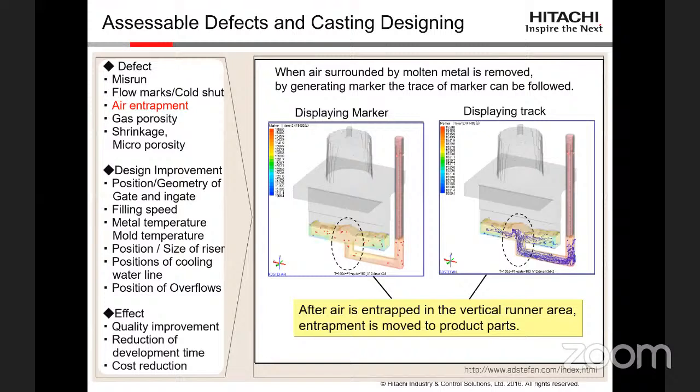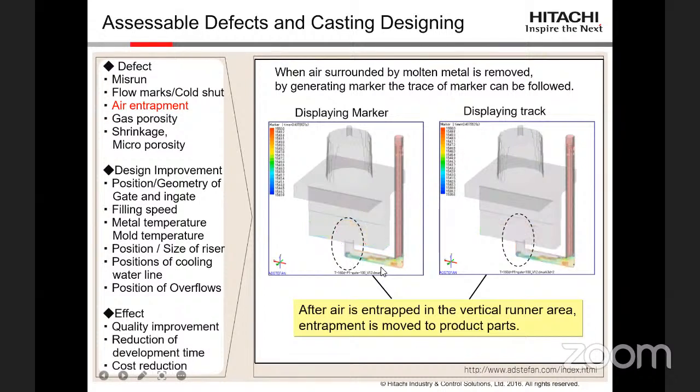Next are some of the defects related to fluid flow: misrun, flow marks, cold shut, air entrapment, gas porosity. You can check. This is showing us the flowing behavior of the molten metal, and the red dots are showing the air particles entrapped in the molten metal during pouring.